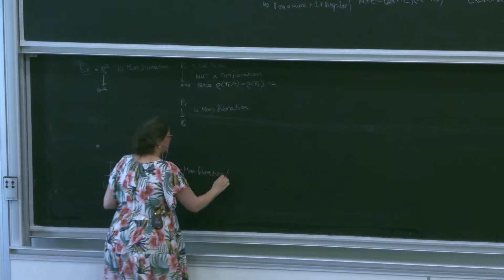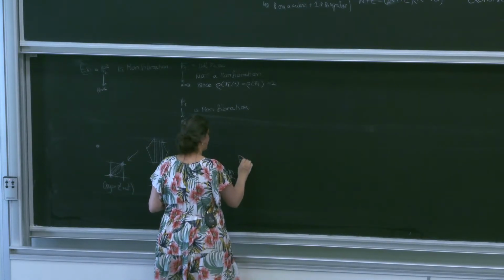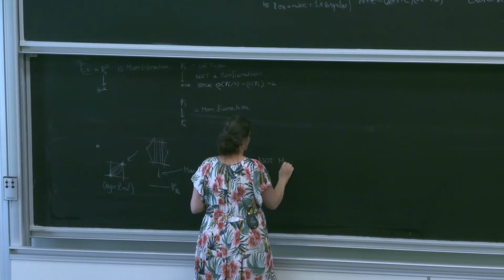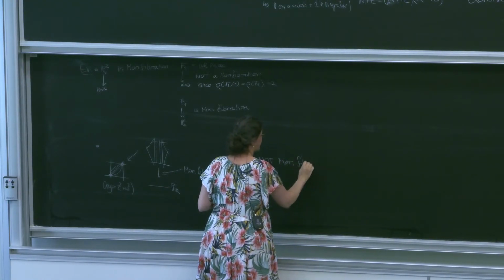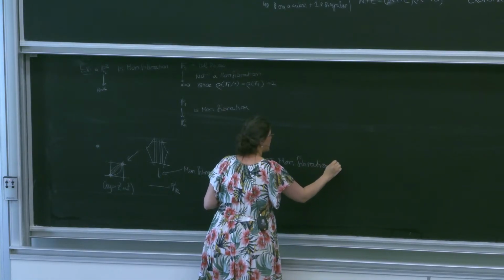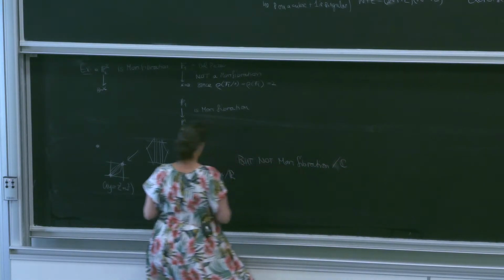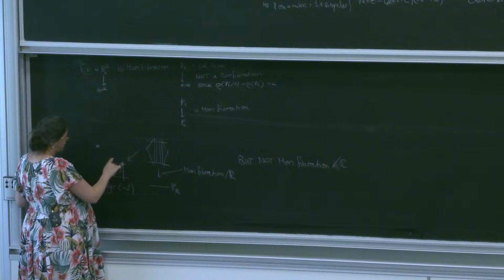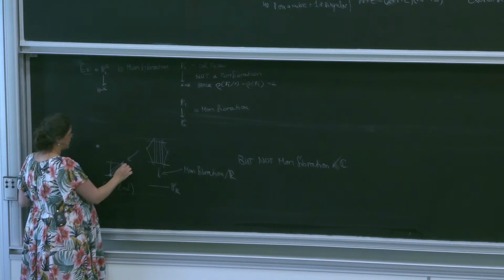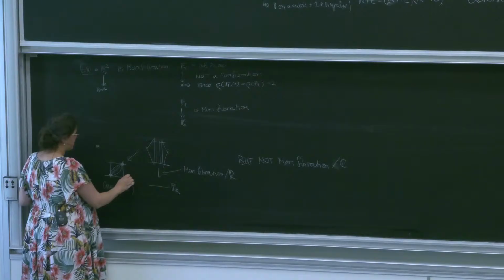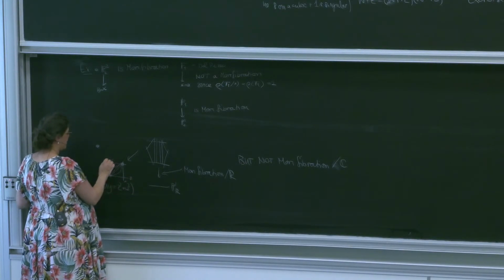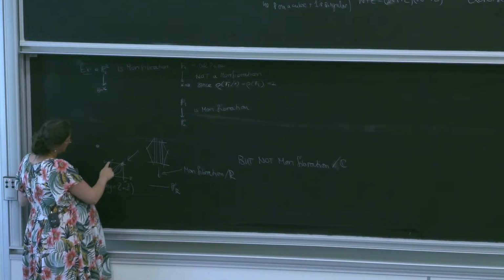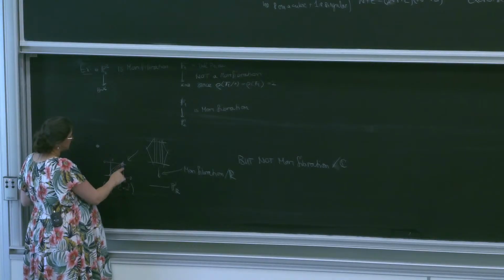But this is not a Mori fibration over C. Because over C, all these fibers of P1 cross P1 have self-intersection 0. And then when I blow up these 2 points, they get self-intersection -1.